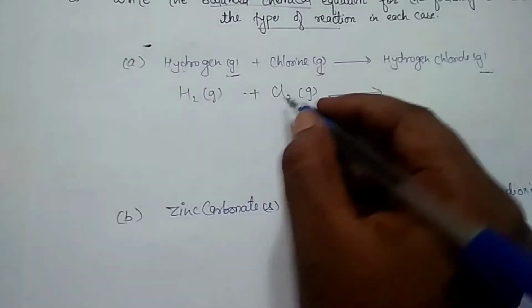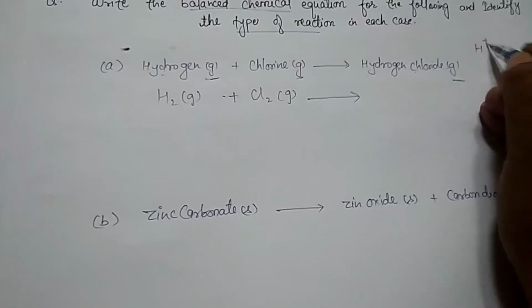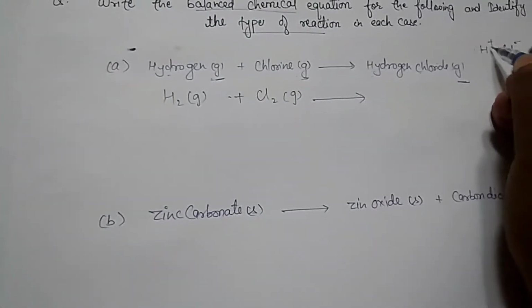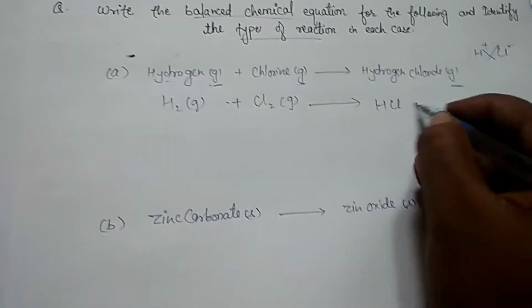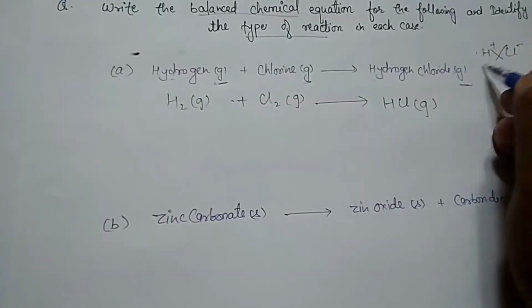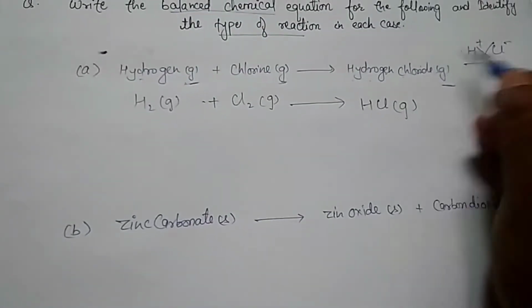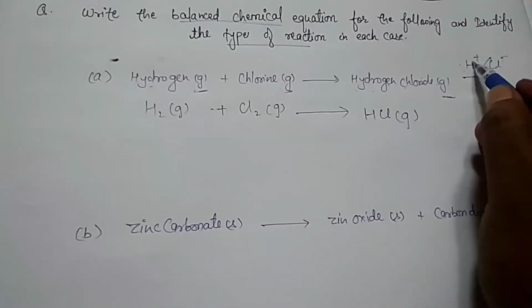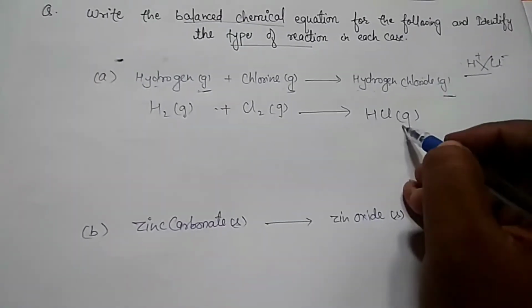It forms hydrogen chloride. See children, hydrogen chloride means the combination of H plus and chloride, minus, so HCl. Easy children, how can we make the product? Hydrogen has plus charge and chloride Cl has minus charge. Positive charge attracts negative charge, it forms HCl gas.